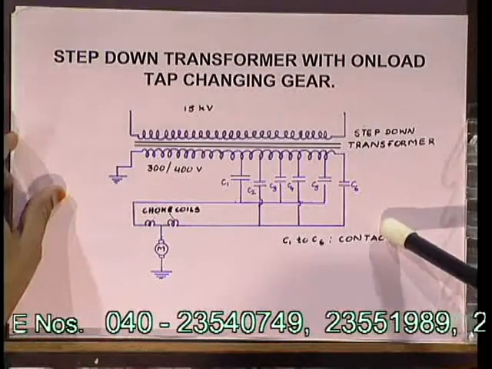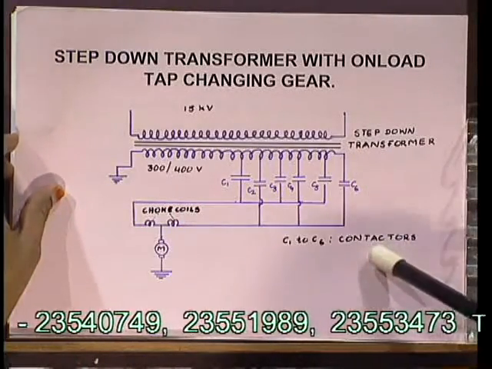The voltage regulation of the AC series motors used in this system can be obtained from on-load tap changing gear equipment. This figure shows the on-load tap changing gear.